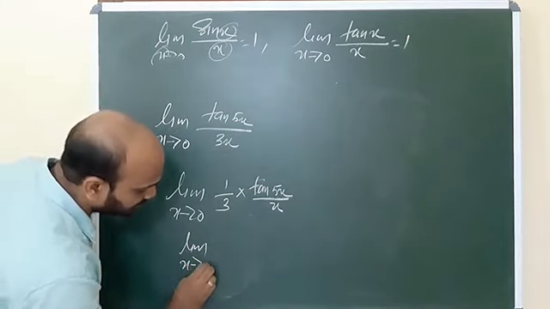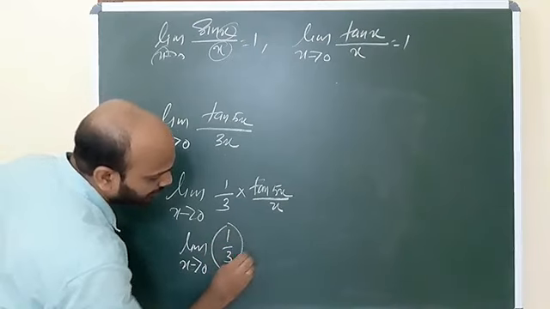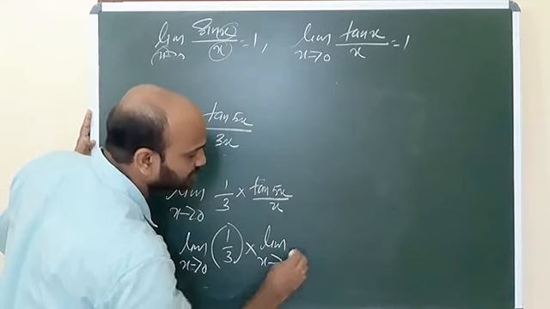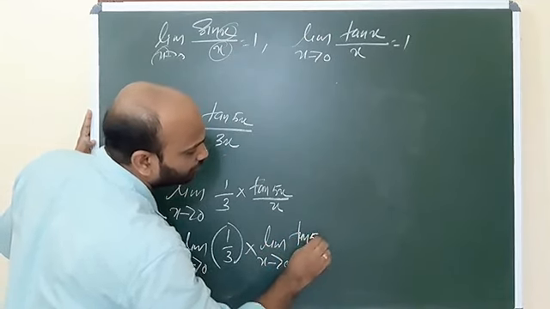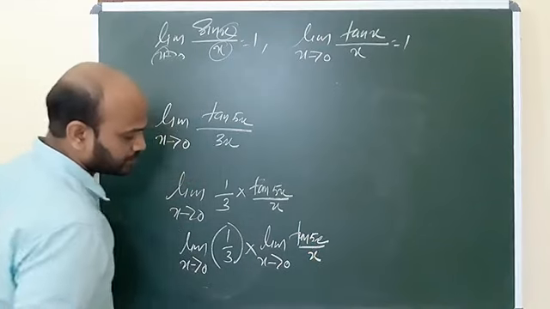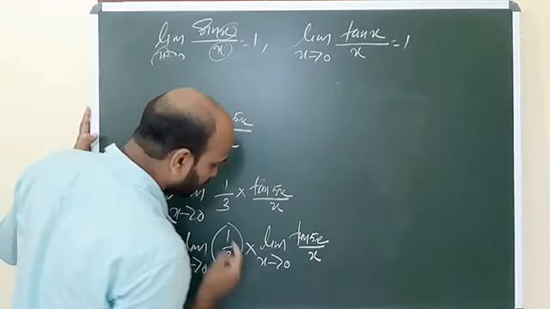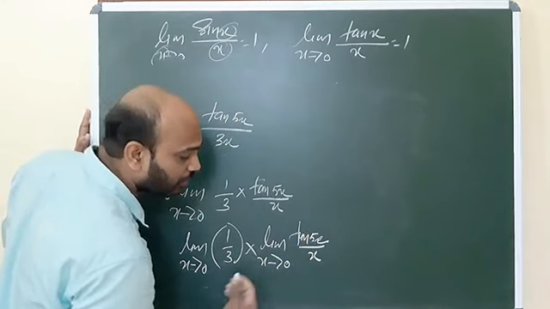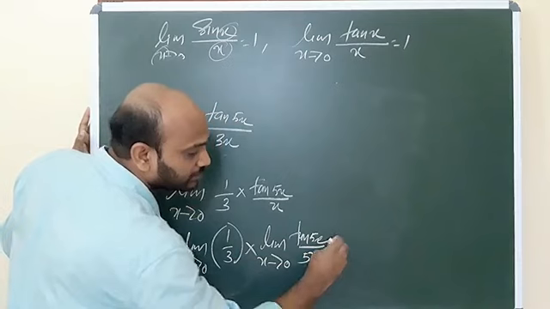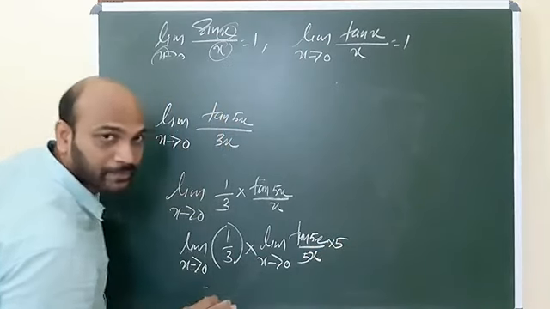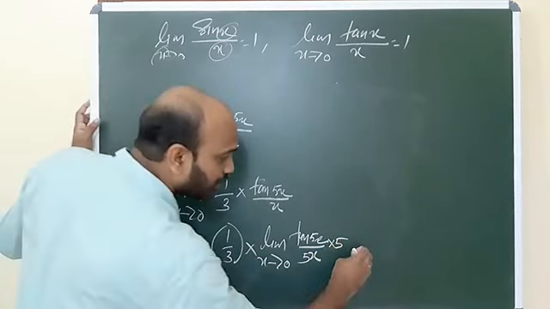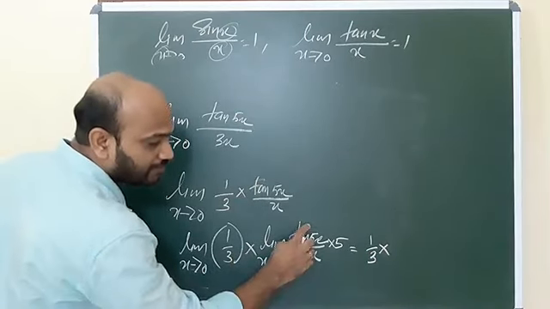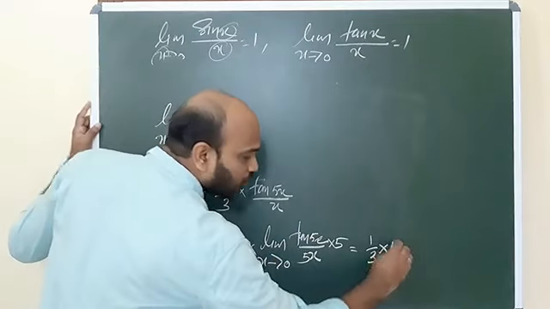Limit x tends to 0 1 by 3 into limit x tends to 0 tan 5x by x. This is a constant, it will be equal to 1 by 3. Here you have to convert this one into 5x. How can we? You have to divide by 5. At the same time, multiply it by 5. Now we can apply the limit. So what will we get? 1 by 3 into limit x tends to 0 tan 5x by 5x is equal to 1.